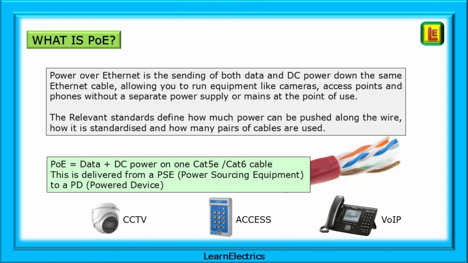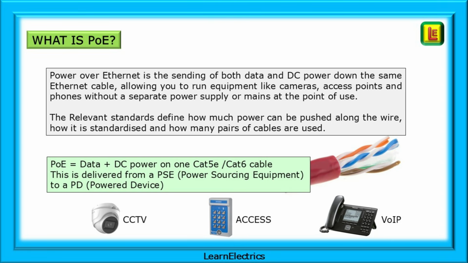Power over Ethernet is the sending of both data and DC power down the same Ethernet cable, allowing you to run equipment like security cameras, access points and phones without a separate power supply or mains outlets at the point of use. The relevant standards define how much power can be pushed along the wire, how it is standardized and how many pairs of cables are used.